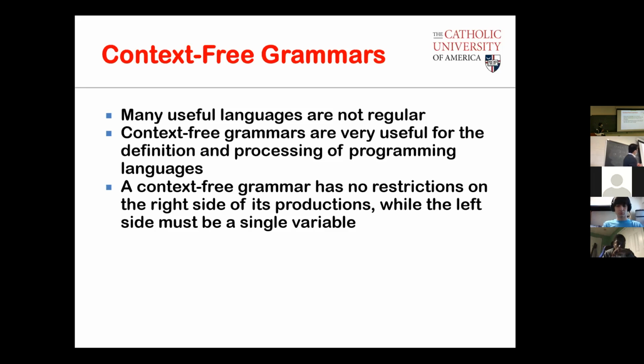And the context-free grammar, as we discussed earlier, has no restriction on the right side of its production, while the left side must be a single variable. What is the left side here? So if I'm going to add much more, so these are the regular languages. And if I have a context-free, then this is the only difference, right?